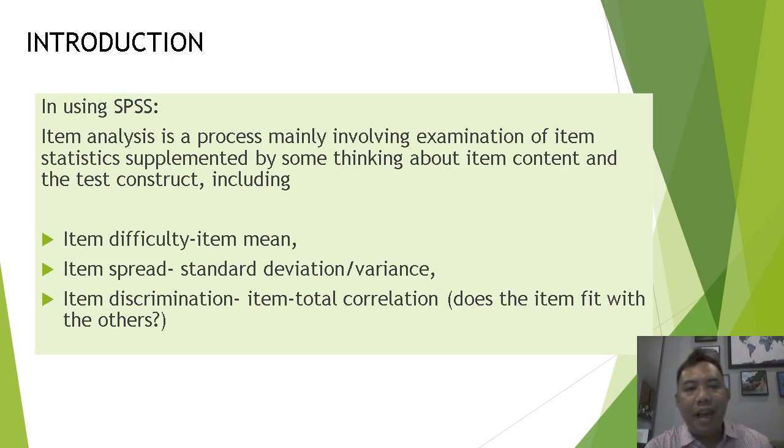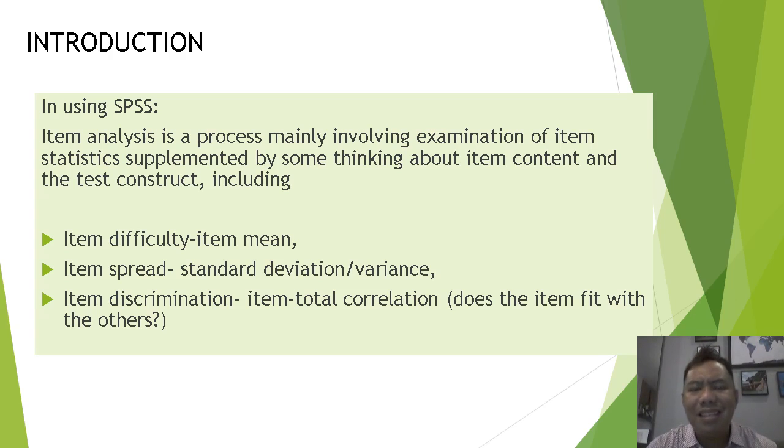In using SPSS, item analysis is a process mainly involving examination of item statistics supplemented by some thinking about item content and the test construct, including item difficulty, item spread, and item discrimination.